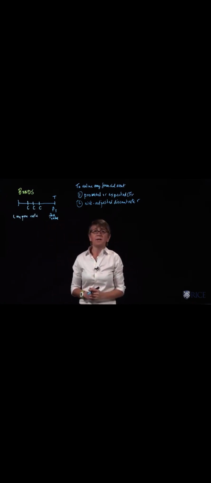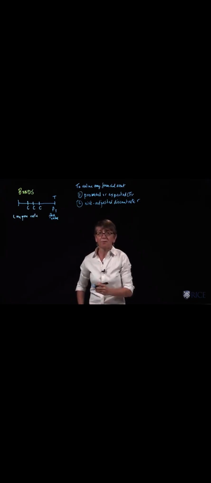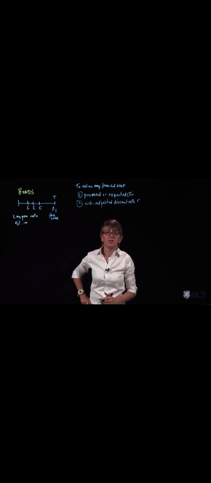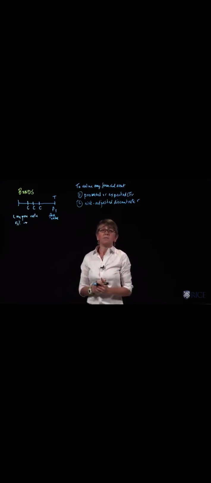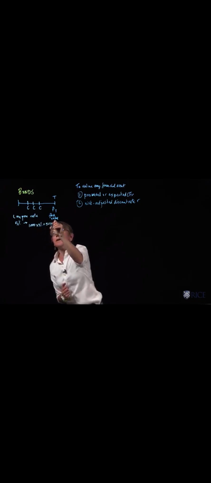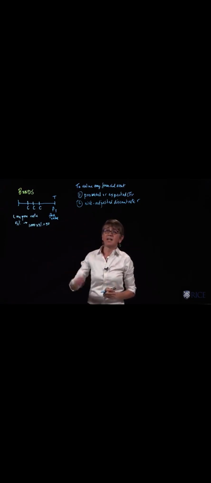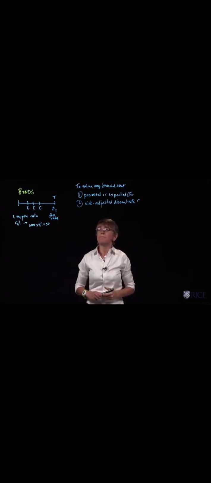So for example, a coupon rate of 5% means that the bond, let's say the face value is 1,000, the bond will make 1,000 times 5%, $50 periodically, annually, in coupon payments.